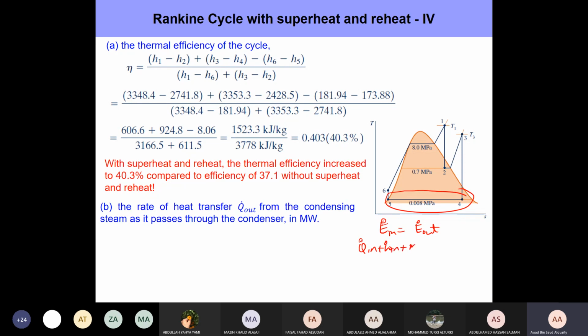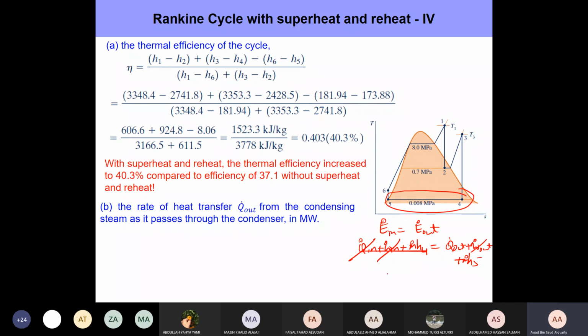The only way energy is entering it is through enthalpy, with the mass flow rate, so it's m dot h4. And then on the other side, yes, there is some amount of Q out. There is no work output, plus it's leaving at state 5. So Qin is 0, work in is 0, work out is 0.